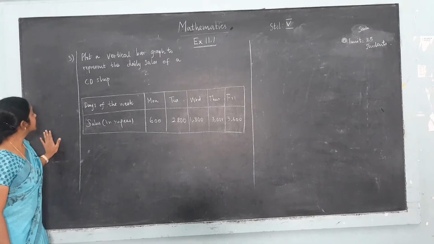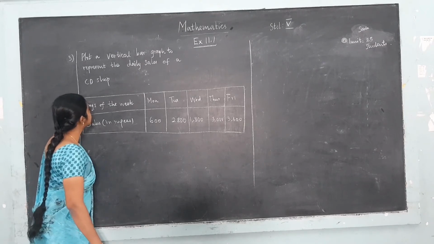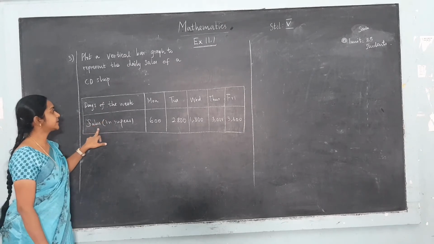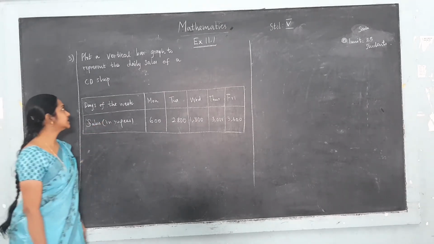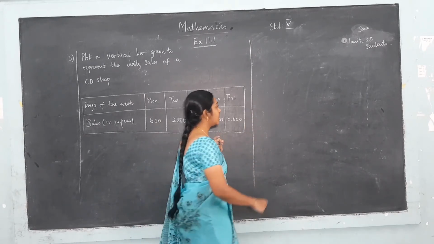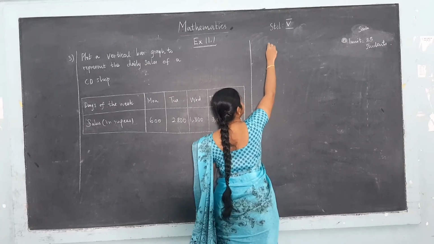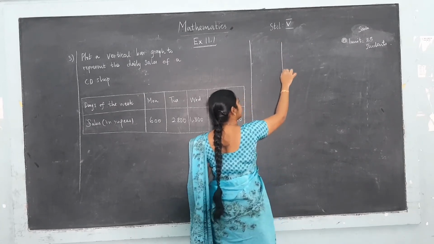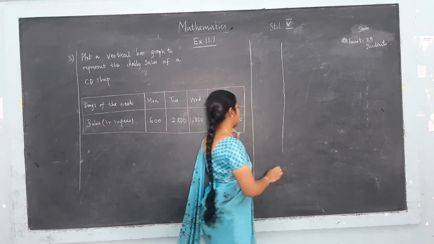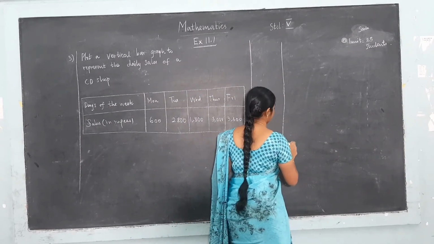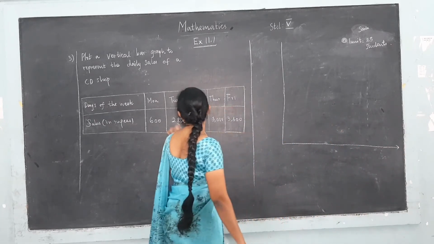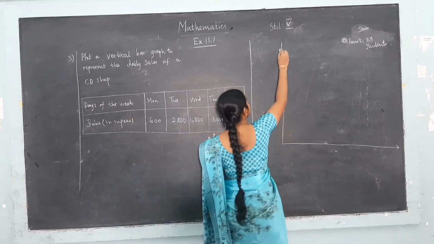The next question is plot a vertical bar graph to represent the daily sales of a CD shop. Days of the week and sales are given. We are going to represent a vertical bar graph. Vertical bar graph means the rectangular bar will be in vertical. So we have to represent the numbers in the y-axis and days of the week in x-axis.